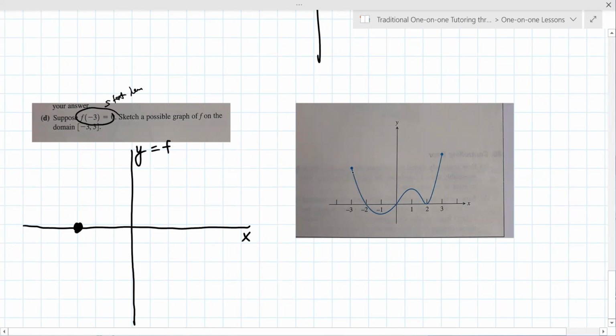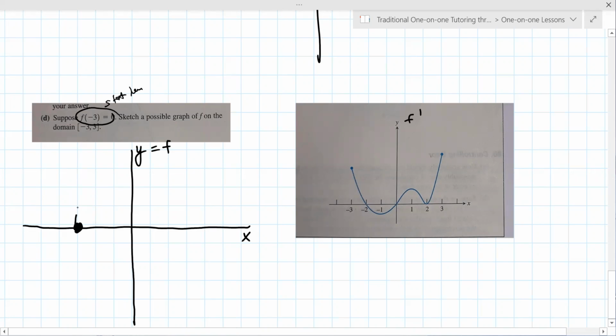So from -3 to -2, the graph is increasing because this is the derivative, and since the derivative is above the x-axis, it's increasing. There's my increase. From -2 to 0, it is decreasing. Actually, let me change this slightly.